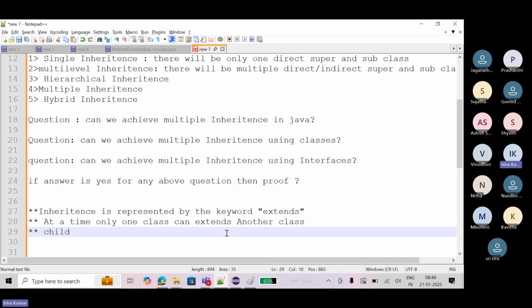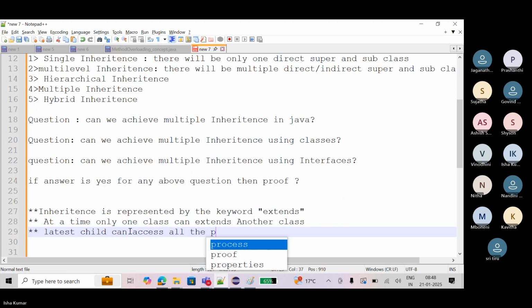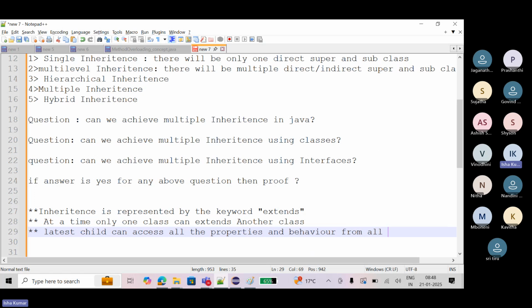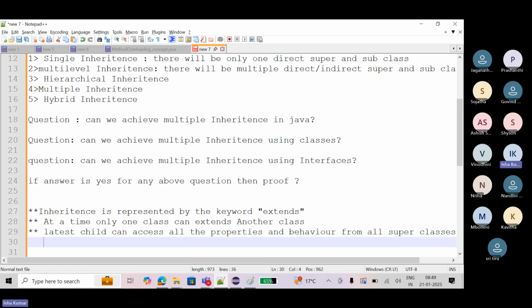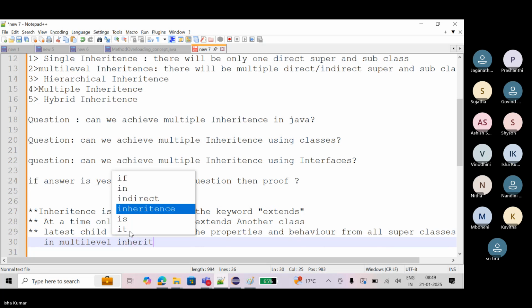So the latest child can access all the properties and behavior from all superclasses in multi-level inheritance. That also you should remember.